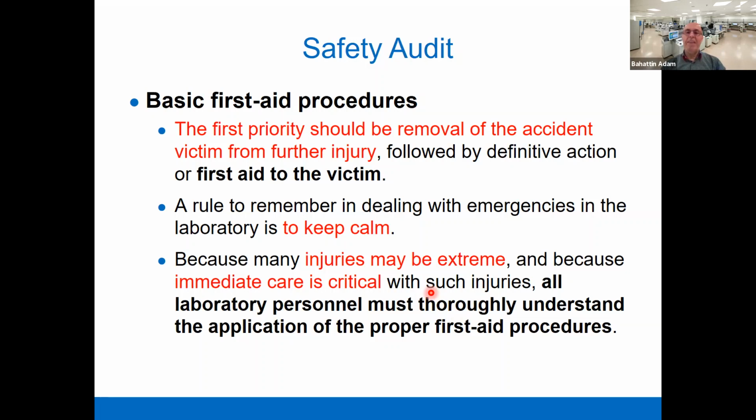Okay, and the laboratory personnel should truly understand the application of the proper first aid procedures in order to help in such cases.